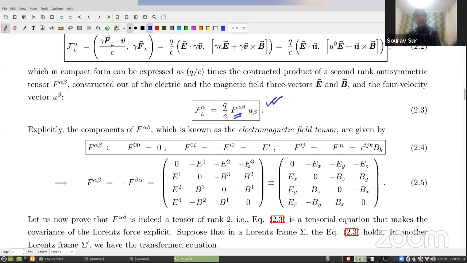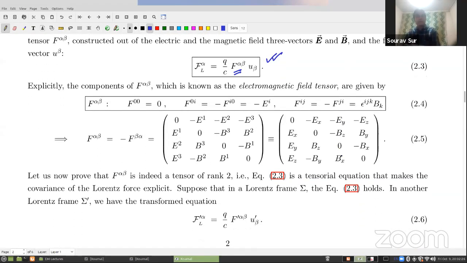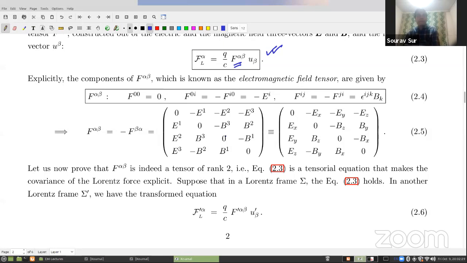E1 is Ex, E2 is Ey, E3 is Ez, and similarly here. You have to be careful here. This is B downstairs k. B downstairs k is minus B upstairs k, because you have to raise and lower using the Minkowski metric tensor, and the spatial components of the Minkowski metric tensor are -1. Okay. You understand what I mean?